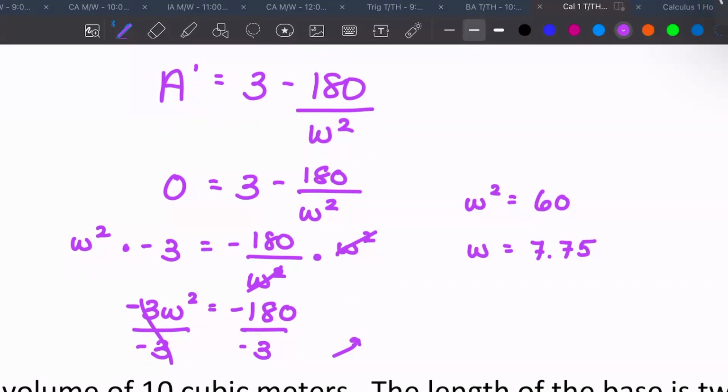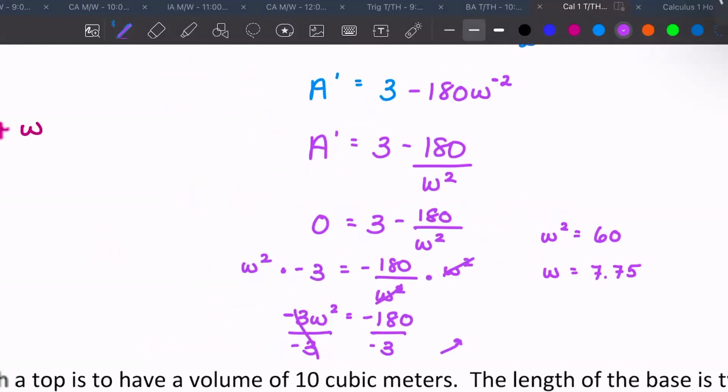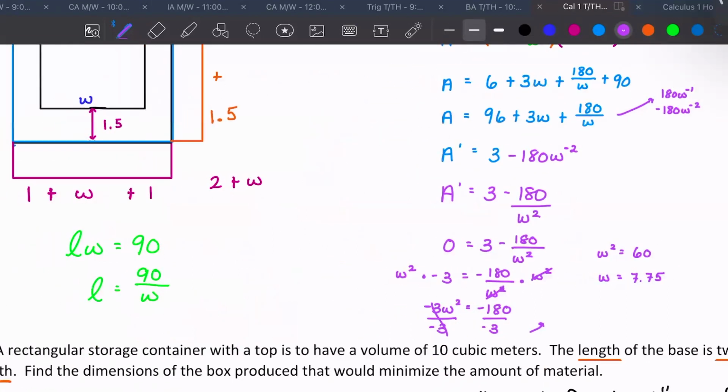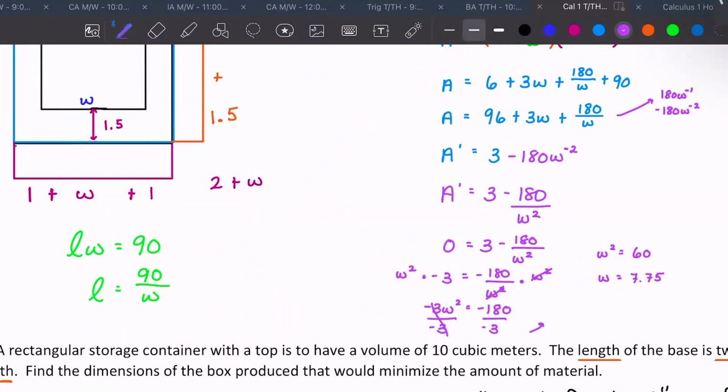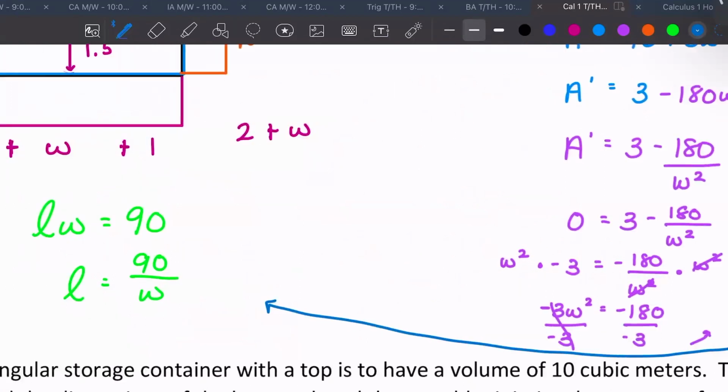Okay. My question asked me, what should the dimensions be of the page so that the least amount of paper is used? So I found that 7.75 is my width, and I know that my length is 90 over whatever my width was, right? So I can grab this, take it over here, and say, okay, well, L is 90 over 7.75, which gives me 11.61.